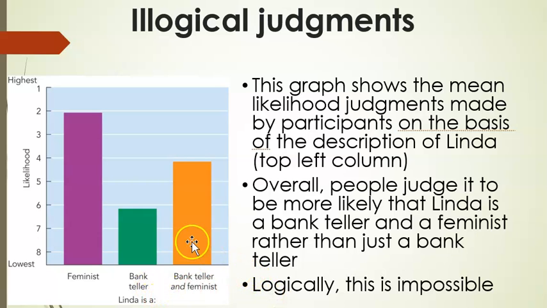And logically, why would she be more likely to be both a bank teller and a feminist than just a bank teller? Logically, that doesn't make sense. So this is what we call an illogical judgment. It can happen, but it just doesn't make sense.